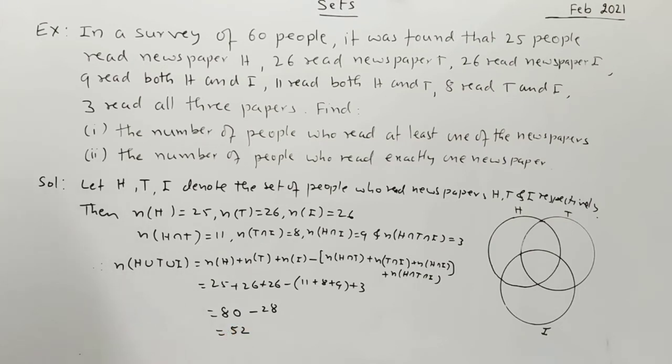Then, what is 60? That is the number of elements of a universal set, n of U.